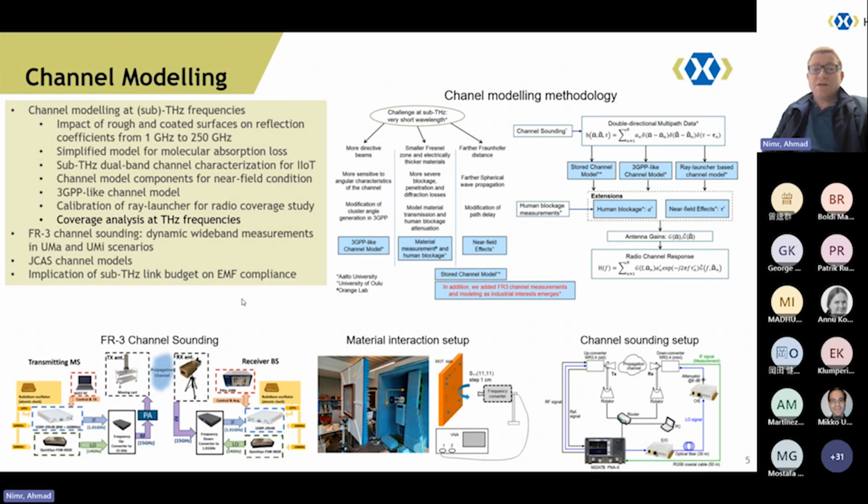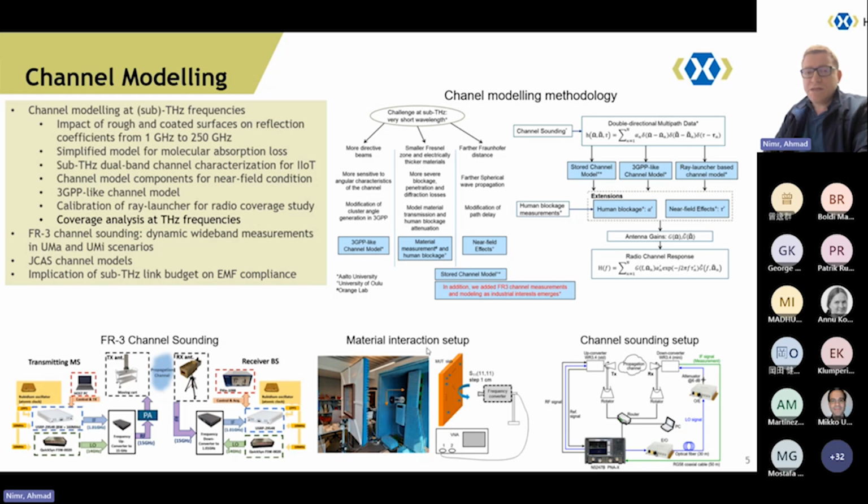Starting with channel modeling, the focus was more on developing a methodology and sounding platforms. These can be applied to various frequency bands: sub-terahertz, millimeter wave, FR3, and so on.